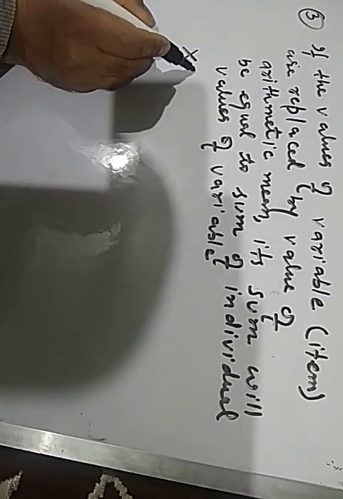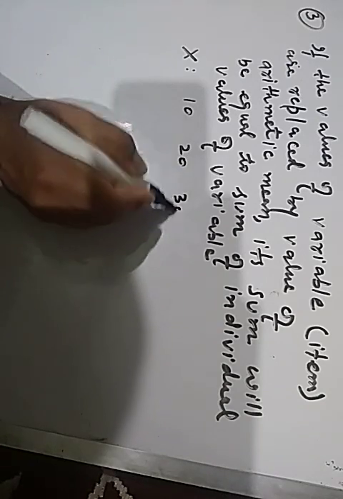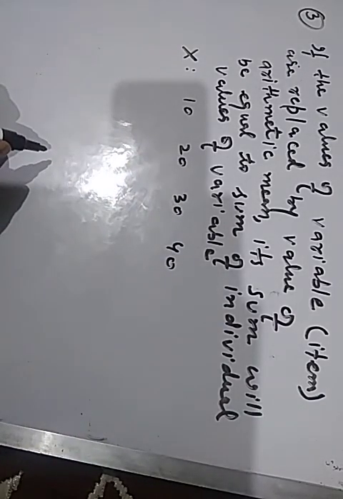For example, the data we have is the variable x, and its values are 10, 20, 30 and 40. Now the solution will be: the values of variable x are 10, 20, 30 and 40.